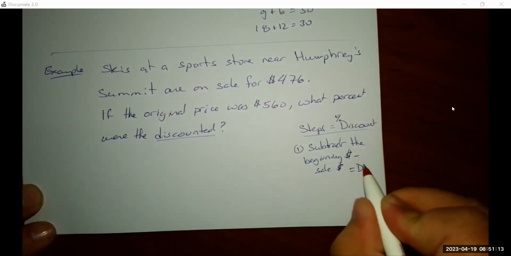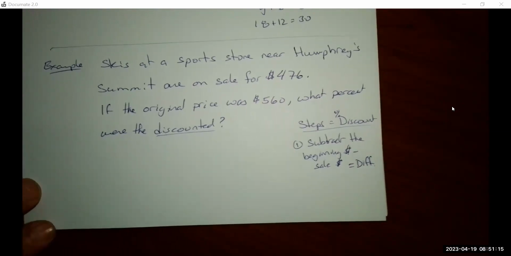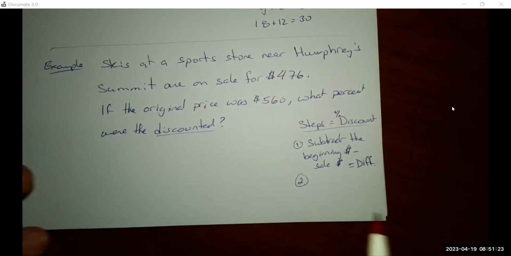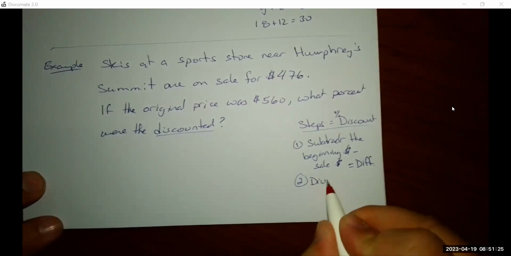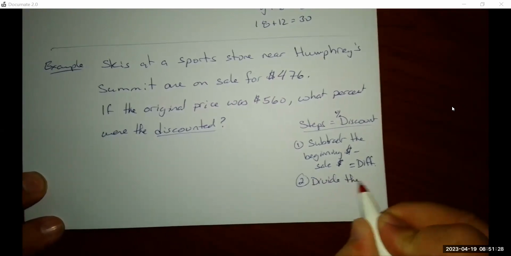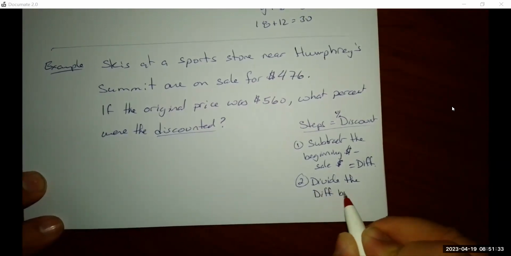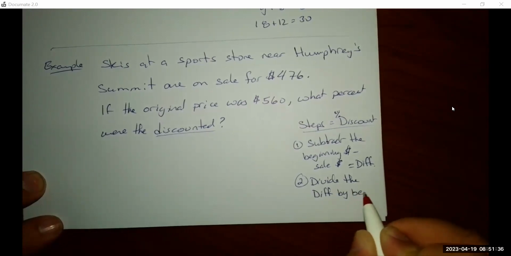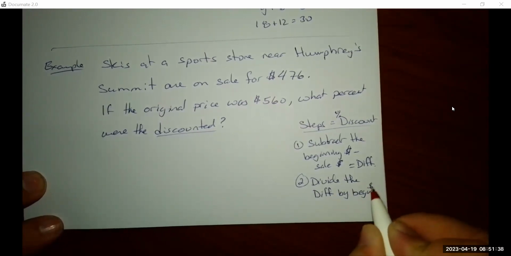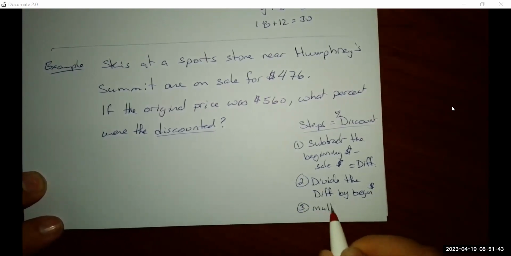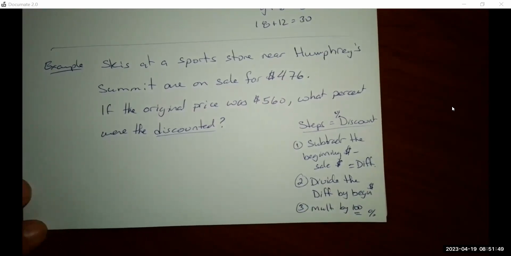We'll call that the difference. Divide the difference by the beginning price. And then multiply by 100 to get the percent.